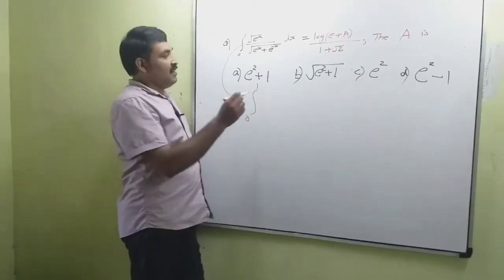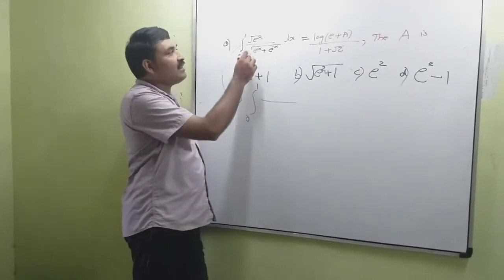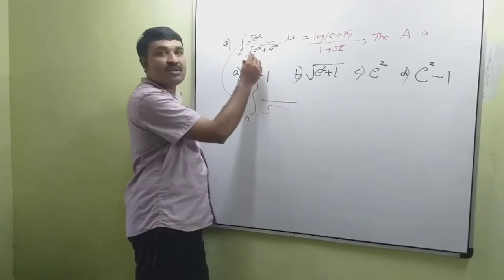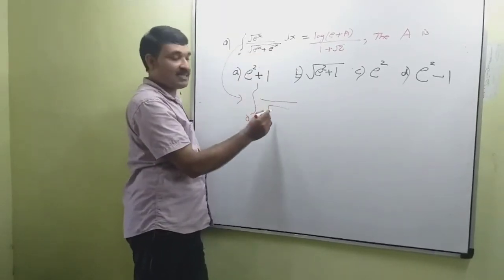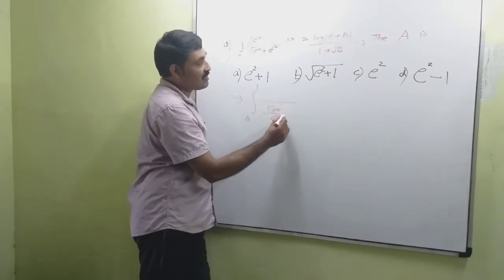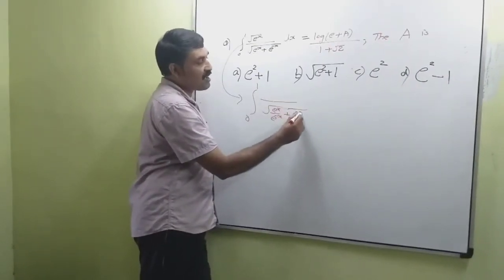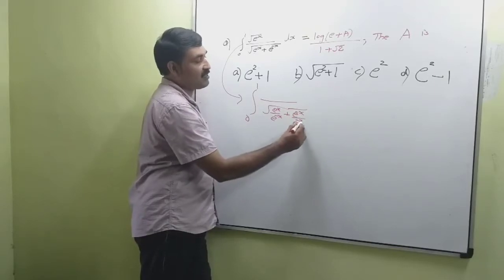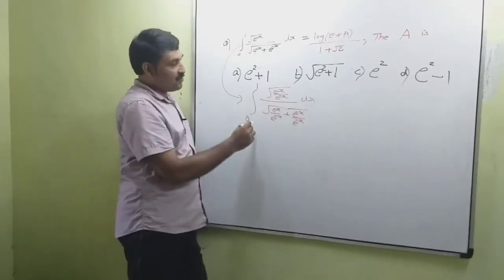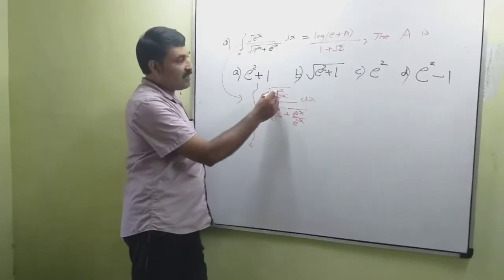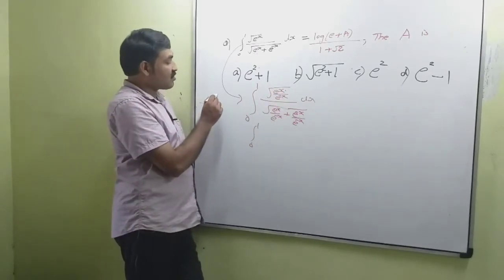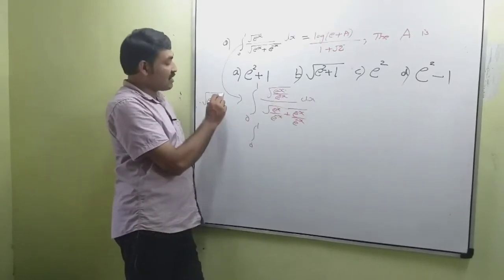Now I am dividing the denominator by e raised to minus x. So this term becomes e raised to x divided by e raised to minus x plus e raised to minus x divided by e raised to minus x. The numerator also by e raised to x. So this becomes 0 to 1, e raised to x into e raised to x, that is e raised to x square, root of e raised to x square.